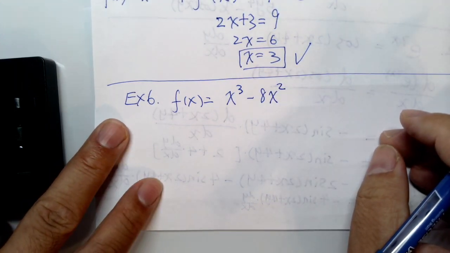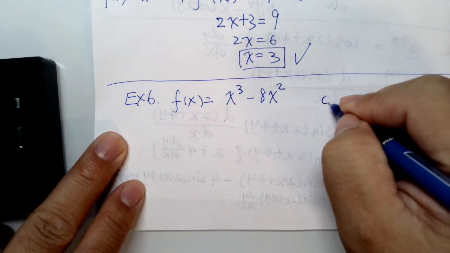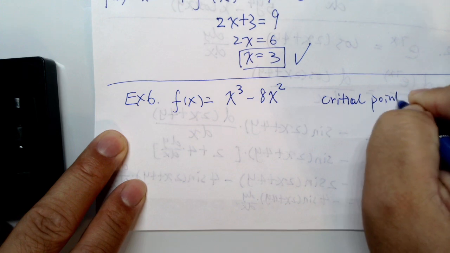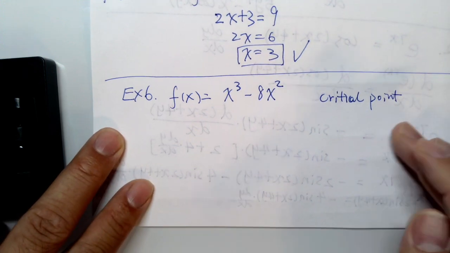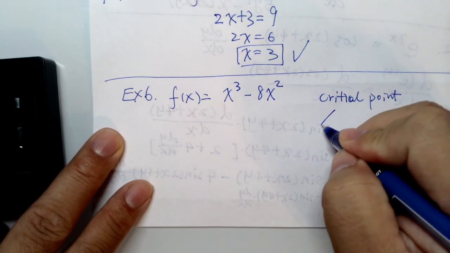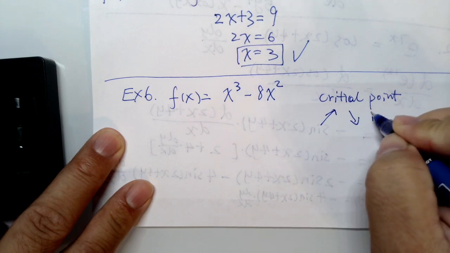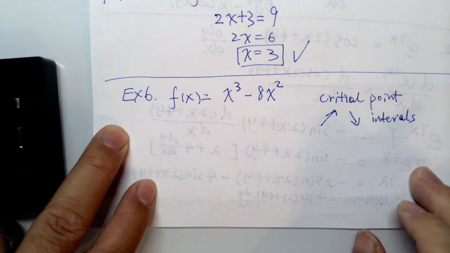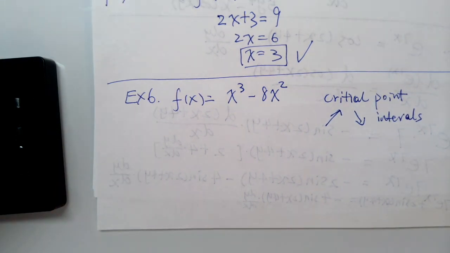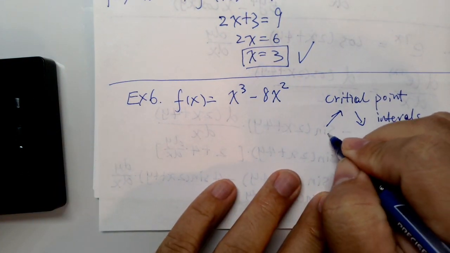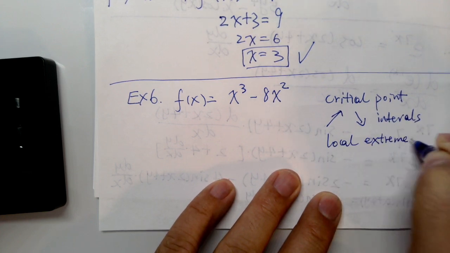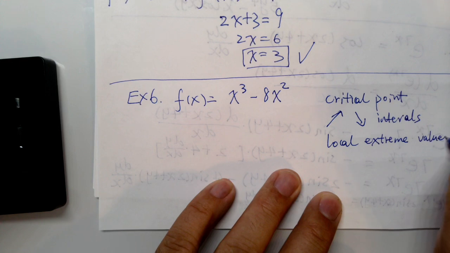The question is, find the critical points, and also find the increasing and decreasing open intervals, and also the local extreme values.